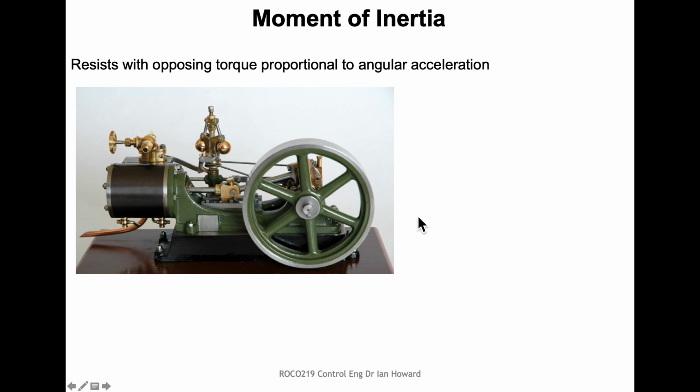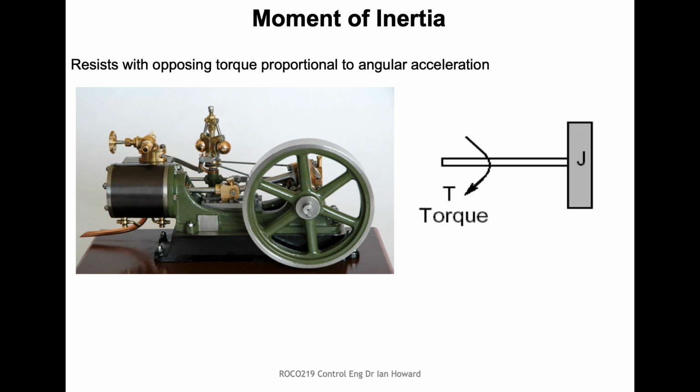You want it to have a large moment of inertia so it keeps going and resists slowing down. The driving mechanism only provides a torque for part of the cycle, and you rely on the inertia of the flywheel to pull it round until the next time it has to work.